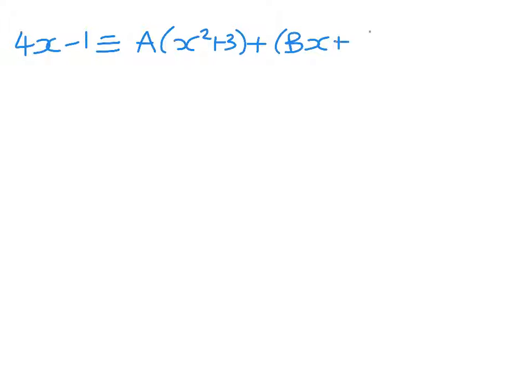Okay, so what we've got here is 4x take away 1 is equal to A times x squared plus 3 plus Bx plus C times x minus 2.